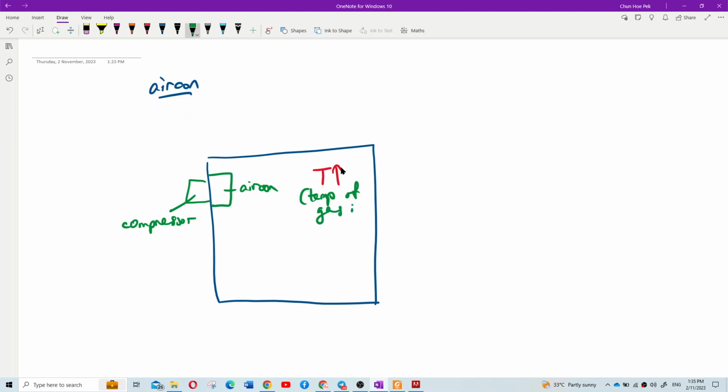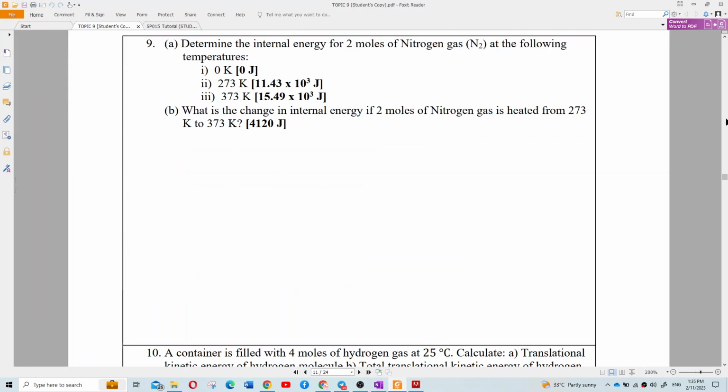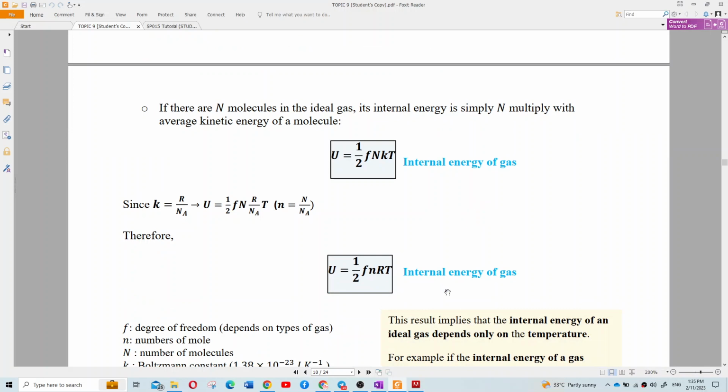Do you remember the kinetic theory of gas? You learned about the internal energy of gas, and internal energy of gas is related to temperature.